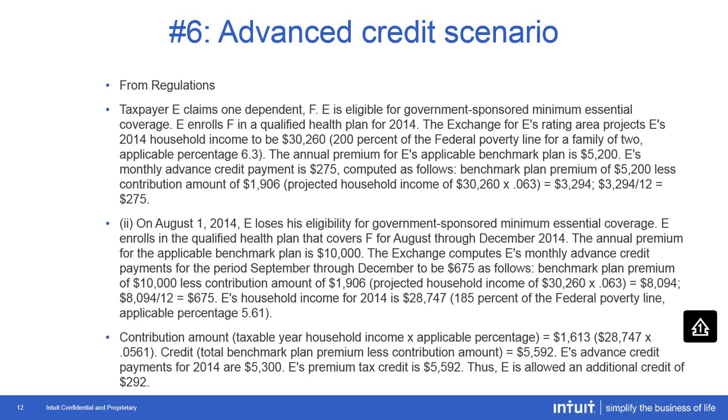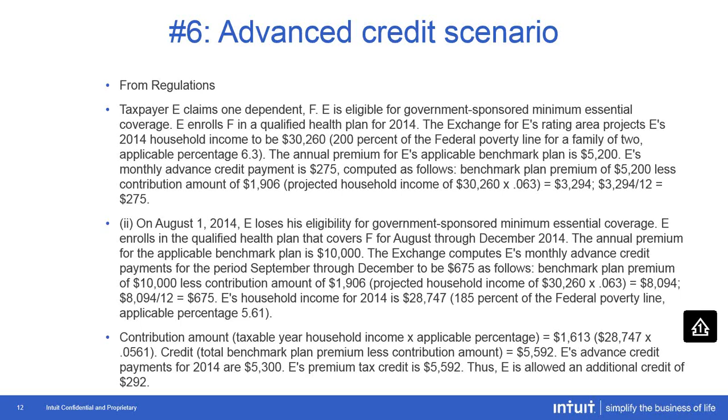I won't go through the math that they do there, but when you go over to the exchange at the beginning of the year, they run a projection and figure out what your advance is supposed to be. On August 1st, 2014, E loses his eligibility for government-sponsored minimum essential coverage. E enrolls in the qualified health plan that covers F for August through December 2014. The annual premium for the applicable benchmark plan is $10,000.